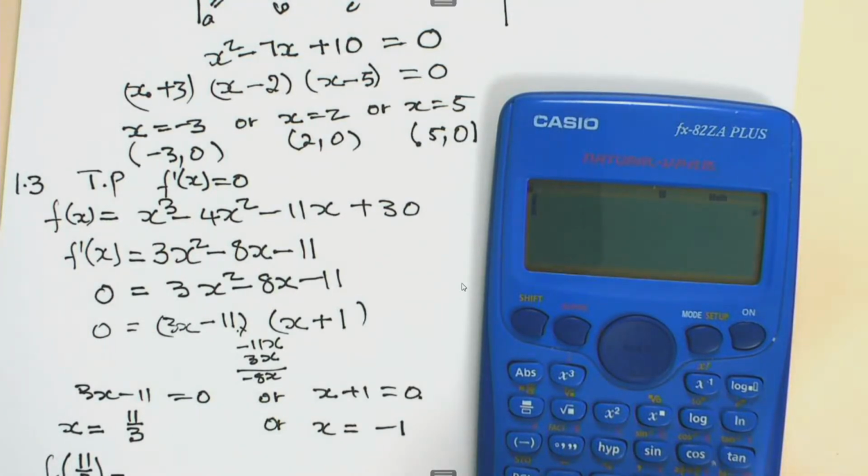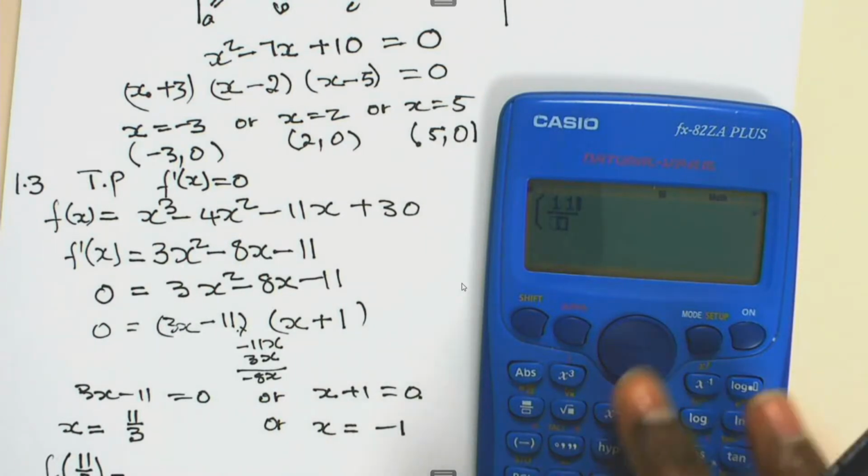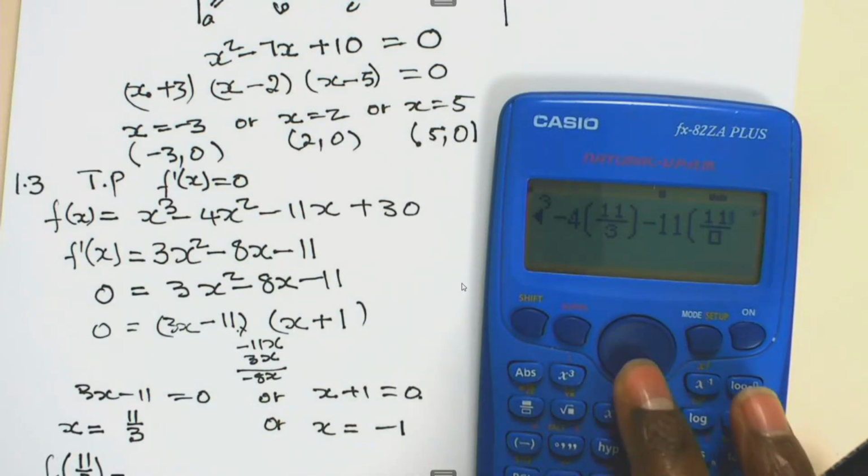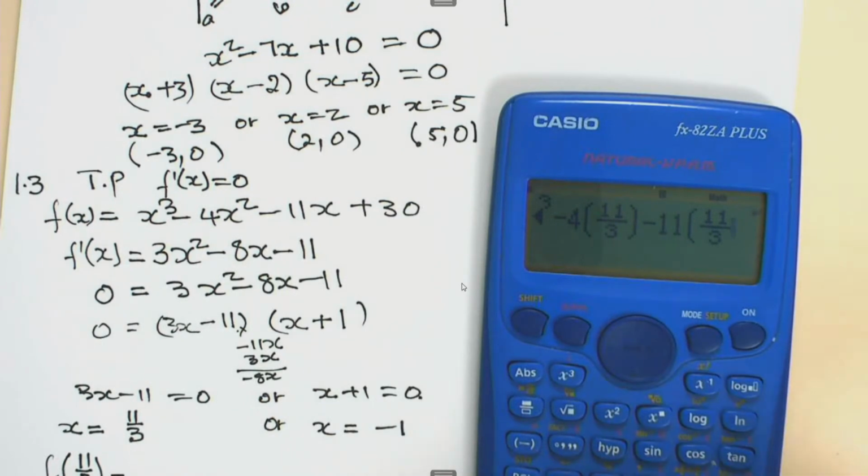And then I have 11 over 3 cubed minus 4 into 11 over 3 minus 11 into 11 over 3 and then plus 30.